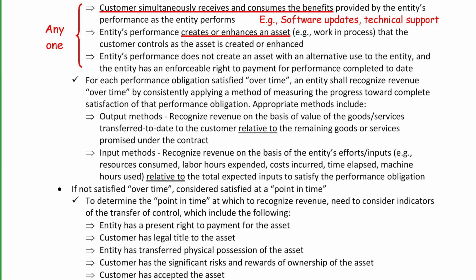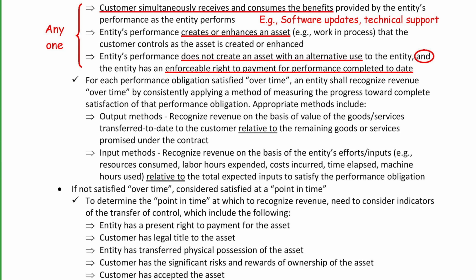And the third option for the criteria of the performance obligation satisfied over time is that the entity's performance, underline, does not create an asset with an alternative use to the entity, circle, and the entity has, underline, an enforceable right to payment for performance completed to date. And to understand this better, we're going to be looking at an example on the next page. But for now, let's scroll down.